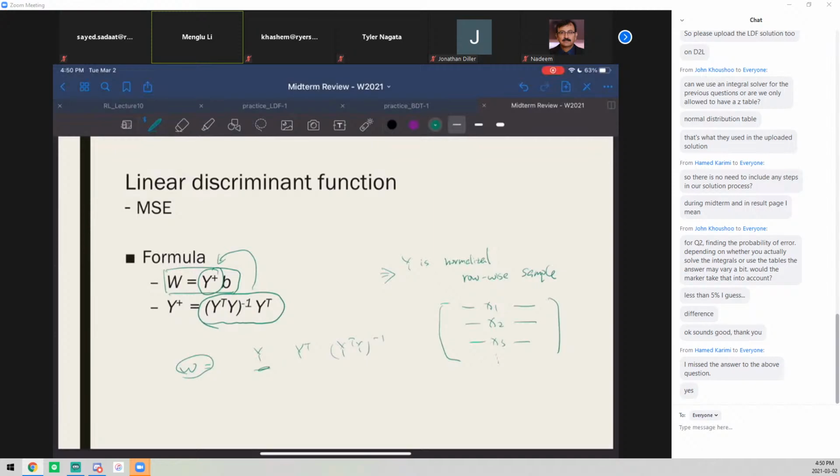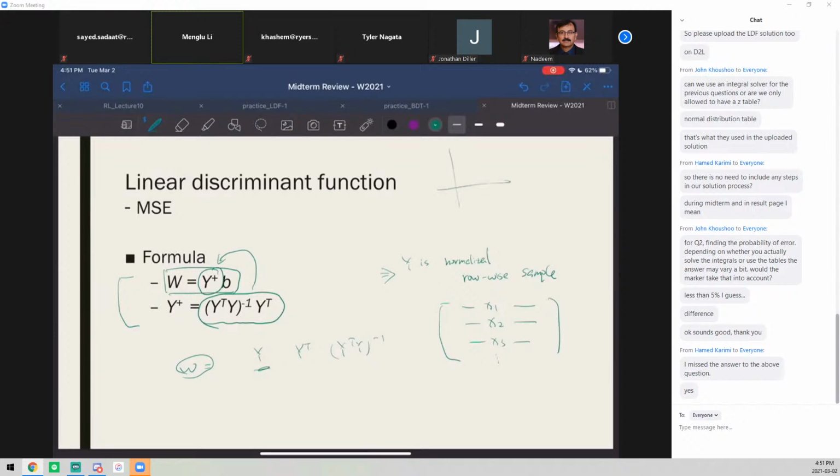And one thing between the MSE and the perceptron is that the MSE takes all the sample data. In this process we don't care whether a sample is misclassified or classified. So we also don't care if the data are linearly separable or non-linearly separable.